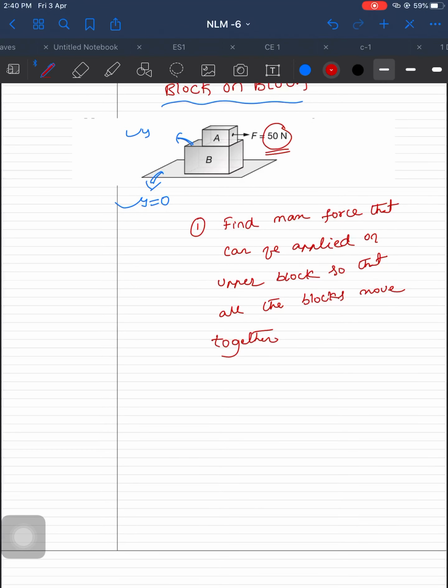Maximum force that can be applied on the upper block so that all the blocks move together.